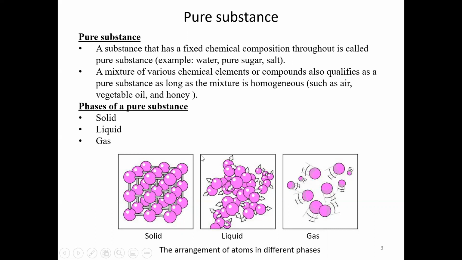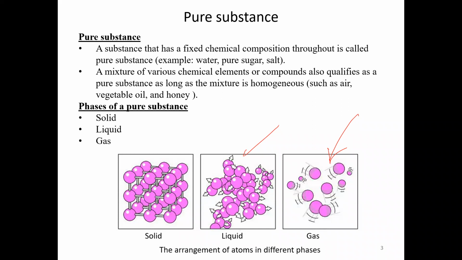The atoms in the solid are uniformly distributed, while in the liquid they start to move randomly from each other, and of course in gas it's a very random structure.